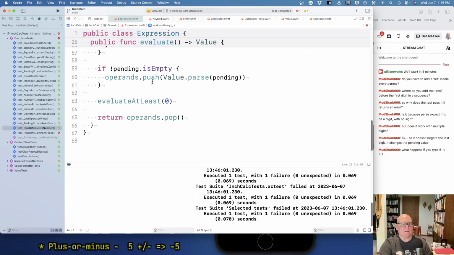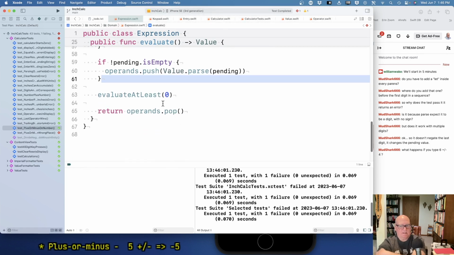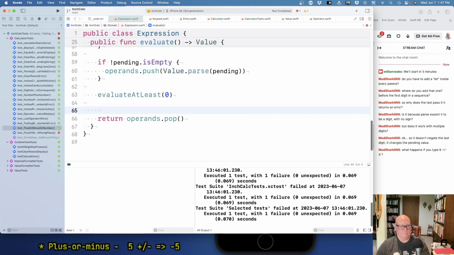I think the problem is when you finish this thing, the stack should be empty, and if it's not, then there's a problem. So we're driving this out.